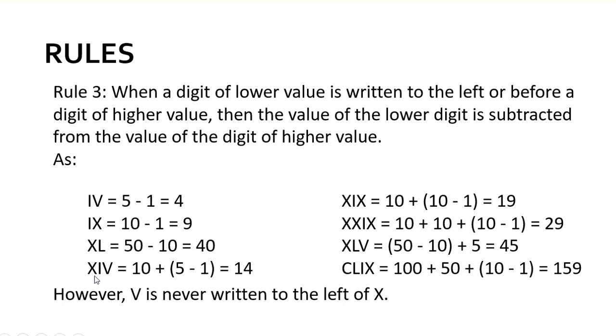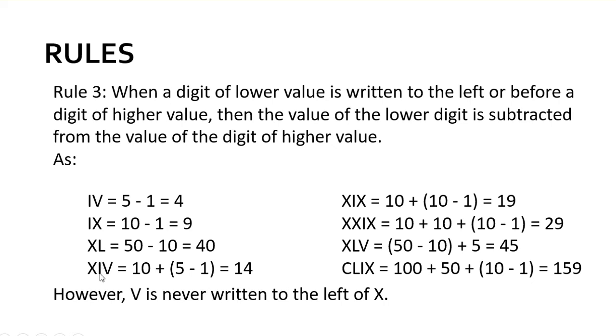Rule number 2 says that whatever comes towards right of a higher value should be added. But if we go and apply that rule alone, we won't get 14. Here 10 is of higher value, 1 is of lower value. We know we should add them together. But after that, here comes a higher value after 1.